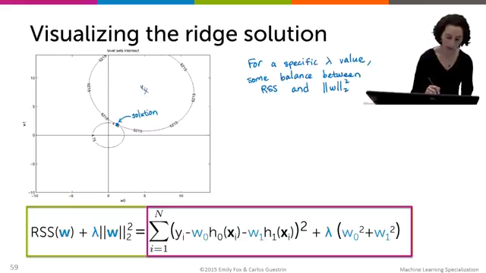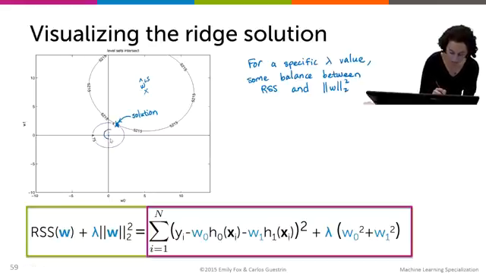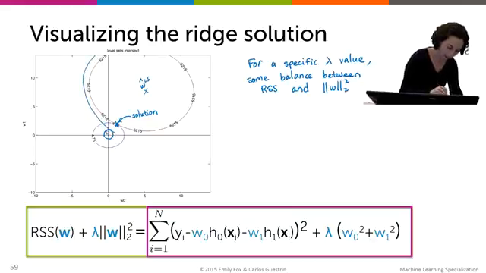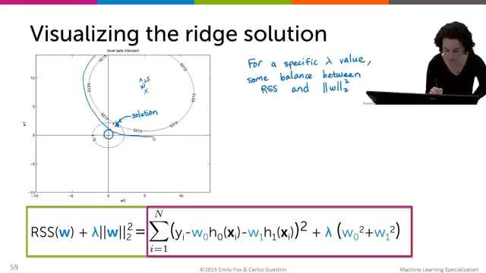Remember, our least square solution was somewhere around here, and the optimal for lambda equals infinity was at 0, so it's somewhere in between these two values. And if we had chosen a different value of lambda, let's say a larger value of lambda, we would have had a different solution.